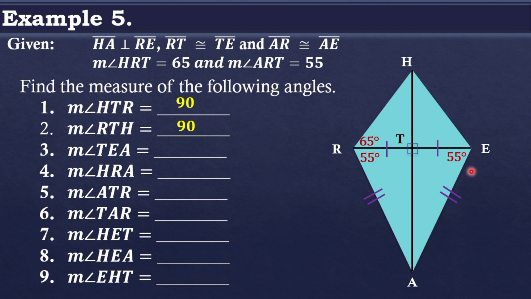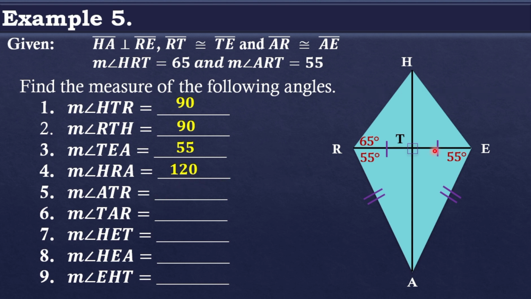So, ito ay nakuha na natin kanina. So, that is 55. Okay, next, the measure of angle HRA. So, HRA. So, itong buo. Okay? So, paano mo makukuha to HRA? So, anong gagawin mo? I-add lang natin to. 65 plus 55, this is 120.